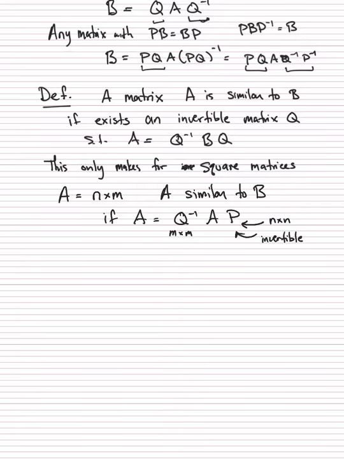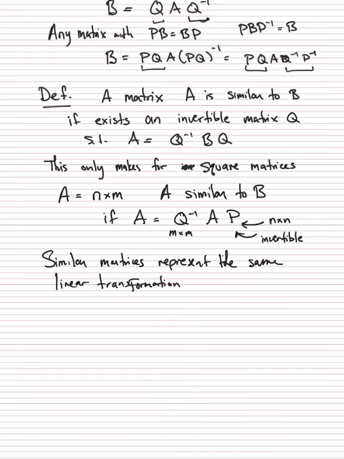So these similar matrices represent the same linear transformation, okay? So both of these P and Q matrices you can just think of as, and I wrote A here, now this should be B, okay? So you should think of P and Q as change of basis matrices.